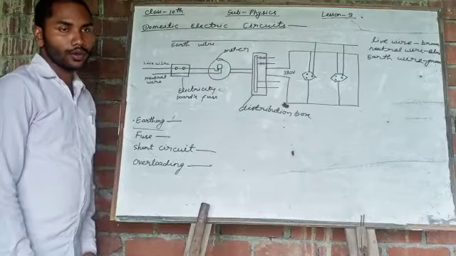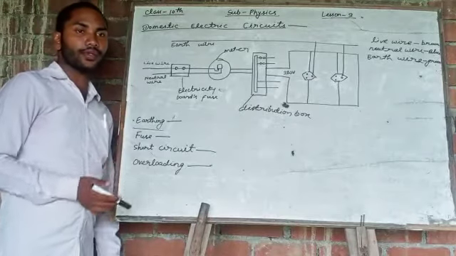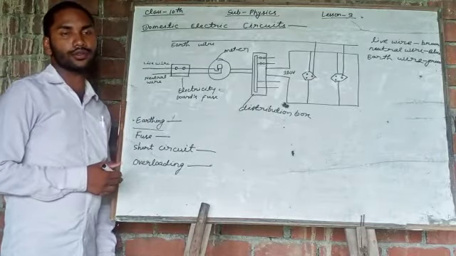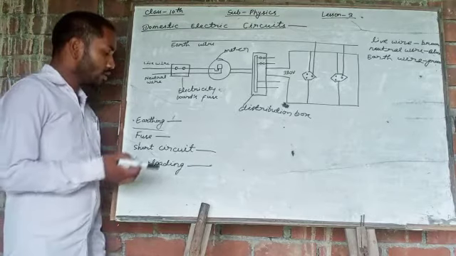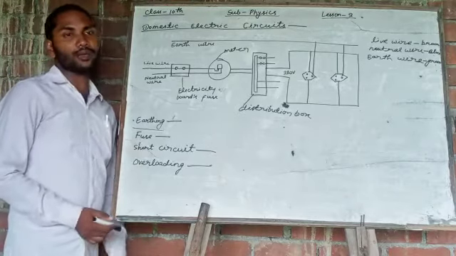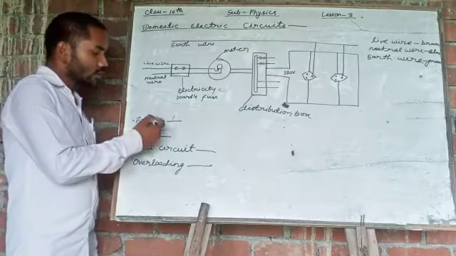Suppose there is a fault in an electric appliance and current passes through that appliance.